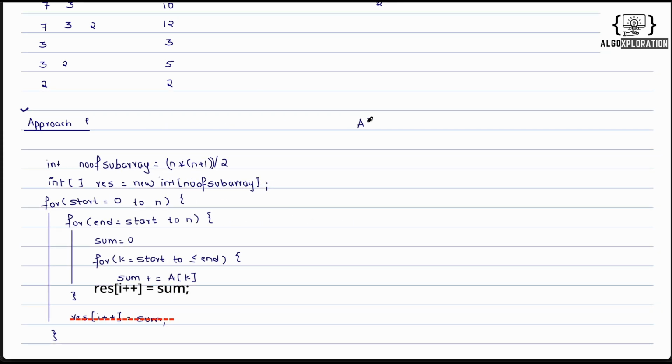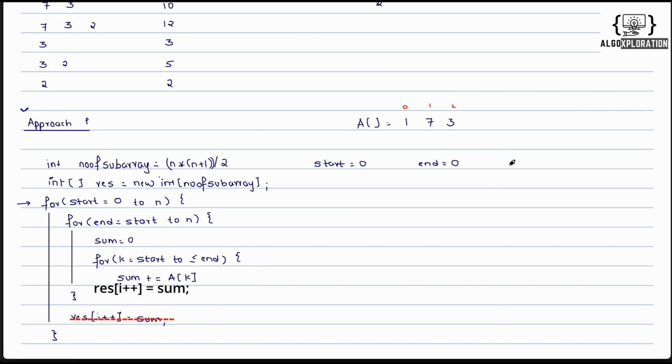So let's take the array as 1, 7 and 3. The indices are 0, 1, 2. Now let's start with the for loop. Start will be running from 0 and end will be running from start, that will be 0, right? Now inside this we have sum, and we have to iterate from start to end using the k variable, which is easy, right?